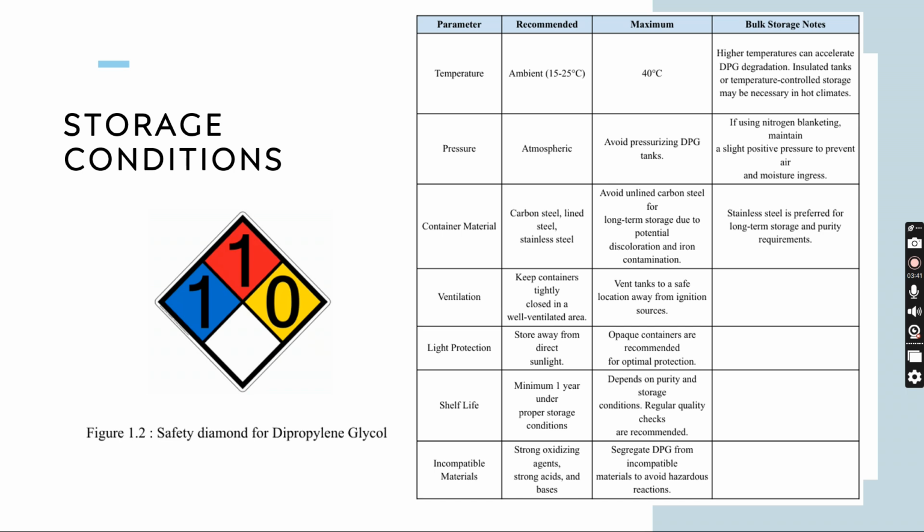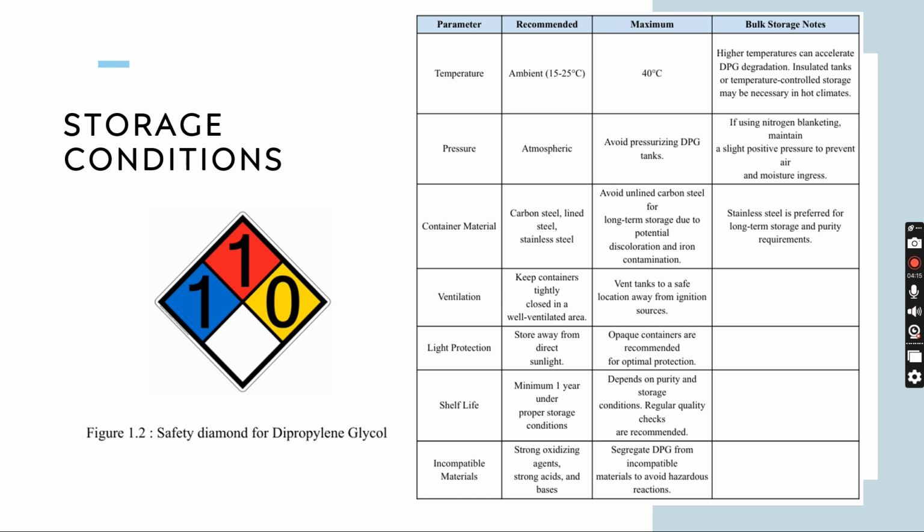The maximum temperature you can store at is 40 degrees centigrade, because higher temperature can cause degradation of DPG to PG, propylene glycol, and it should be stored in insulated tanks or temperature-controlled storage. Similarly, for pressure, it should be stored at atmospheric pressure. We should avoid pressurizing DPG, because pressurizing it may cause other safety hazards.